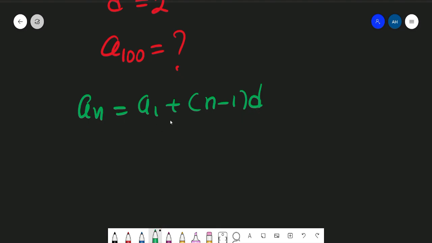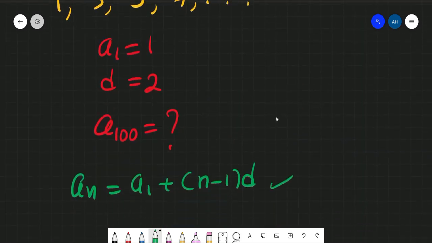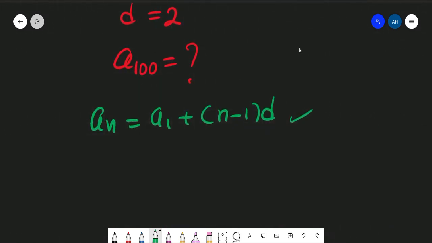So we can apply this formula to find a certain number in the terms. For example, A100, like for that example here. Now can we find term number 100, that is A100, by using this formula?